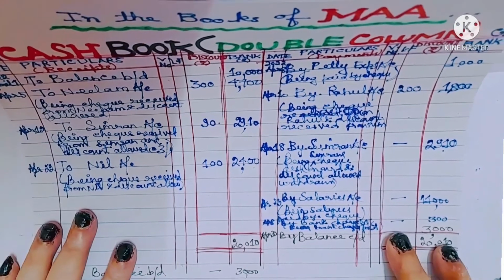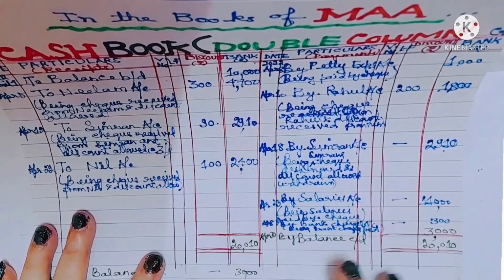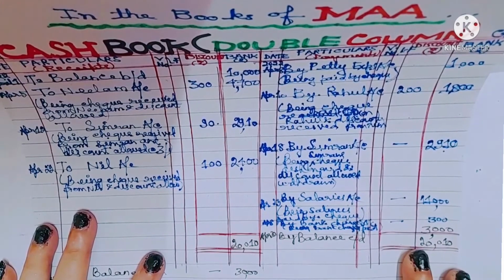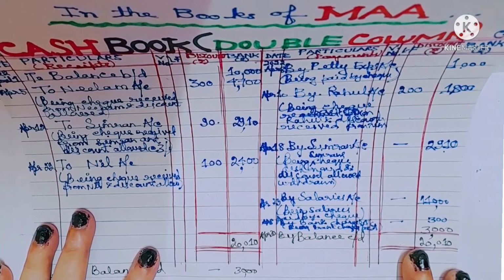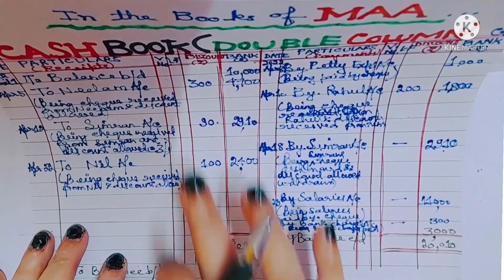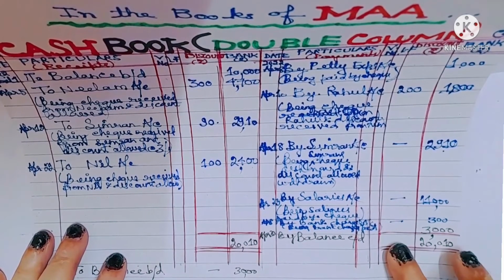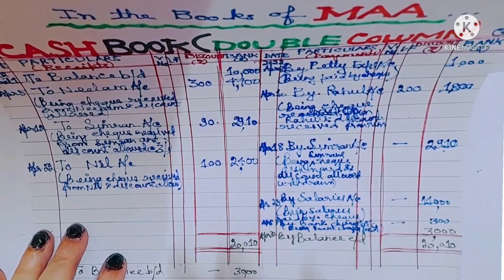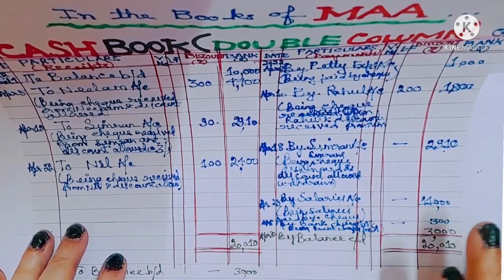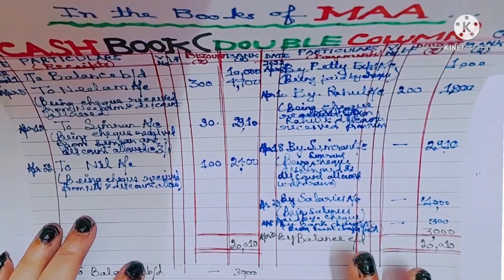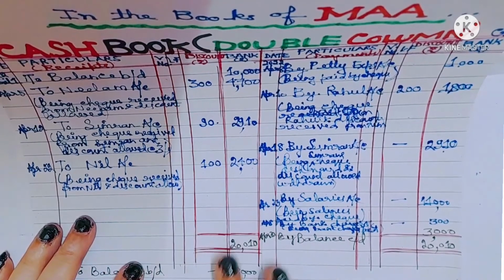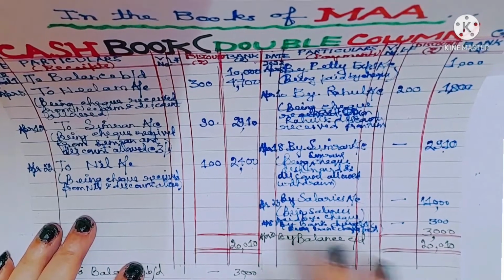And now, should we balance discount columns? No. Please remember the discount column on the debit side and the discount column on the credit side are only totaled and not balanced. So please do not balance the discount columns. Just add up the totals.